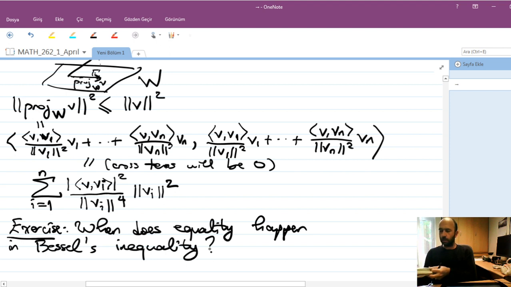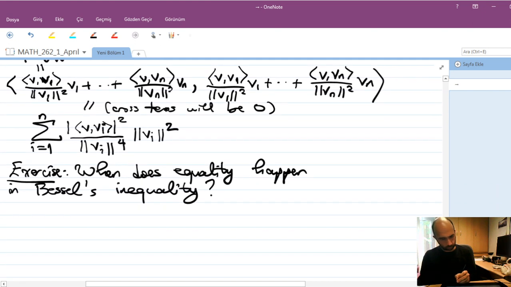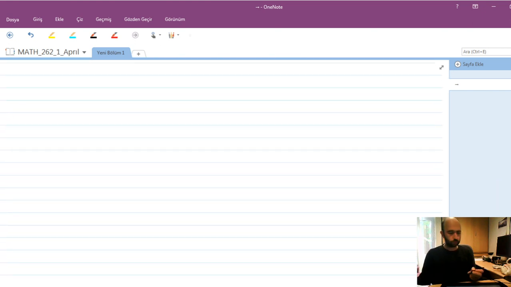Okay, now let's do something else. We have a nice procedure for producing orthogonal bases for an inner product space, namely the Gram-Schmidt algorithm. Let's apply this to some particular setting.